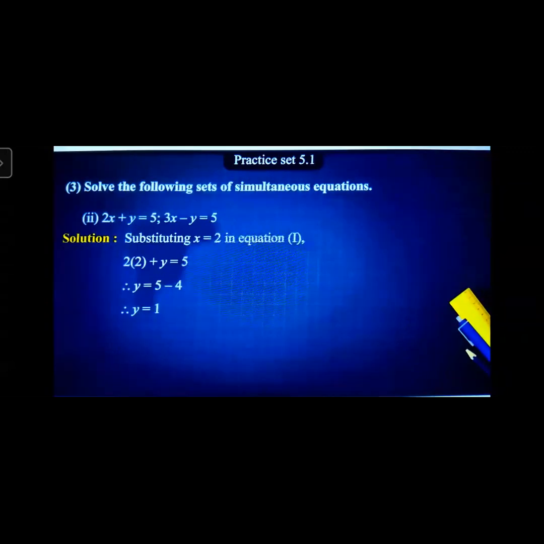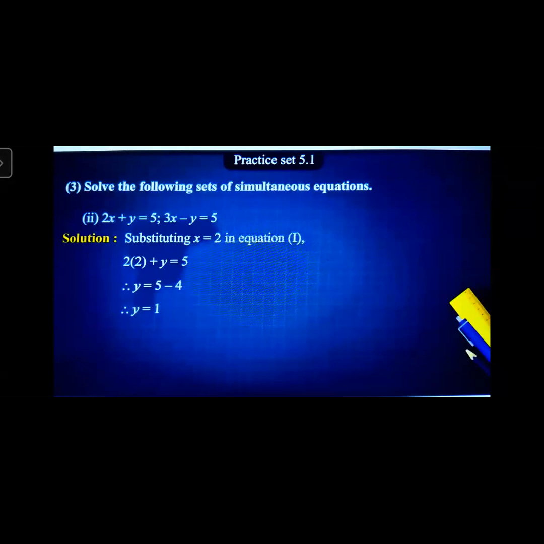Substituting x equal to 2 in any of the equations, I am going to substitute in equation 1 because it is in addition form. I hope all of you have understood why we haven't multiplied any number as we did in the first sum.